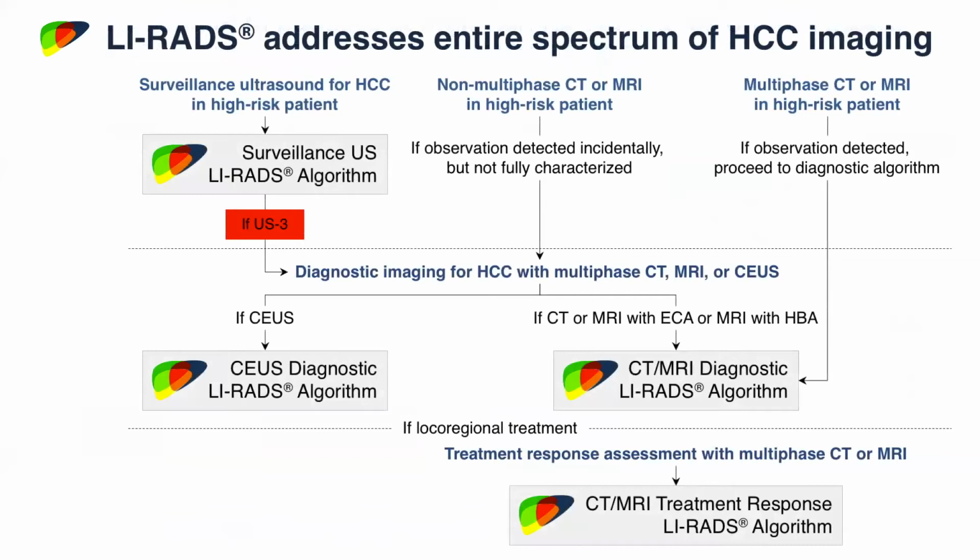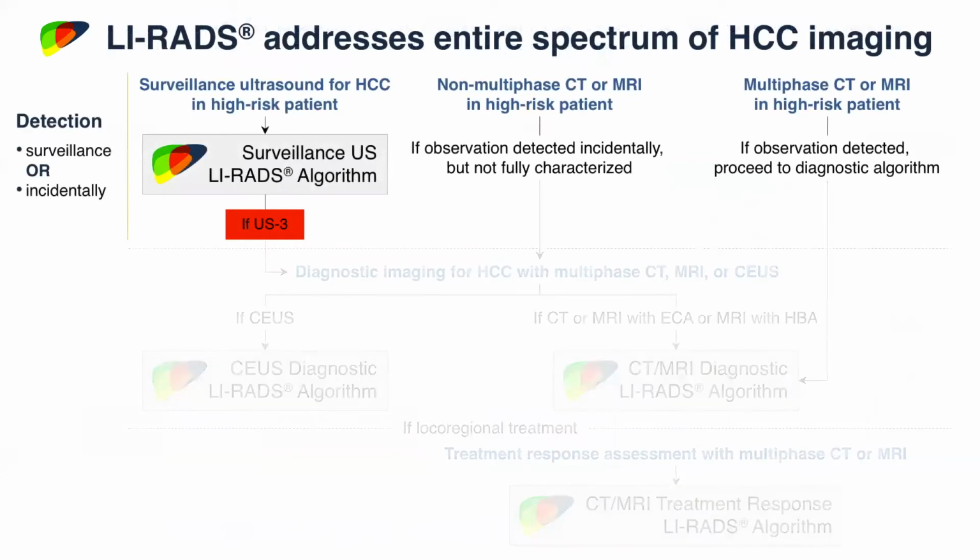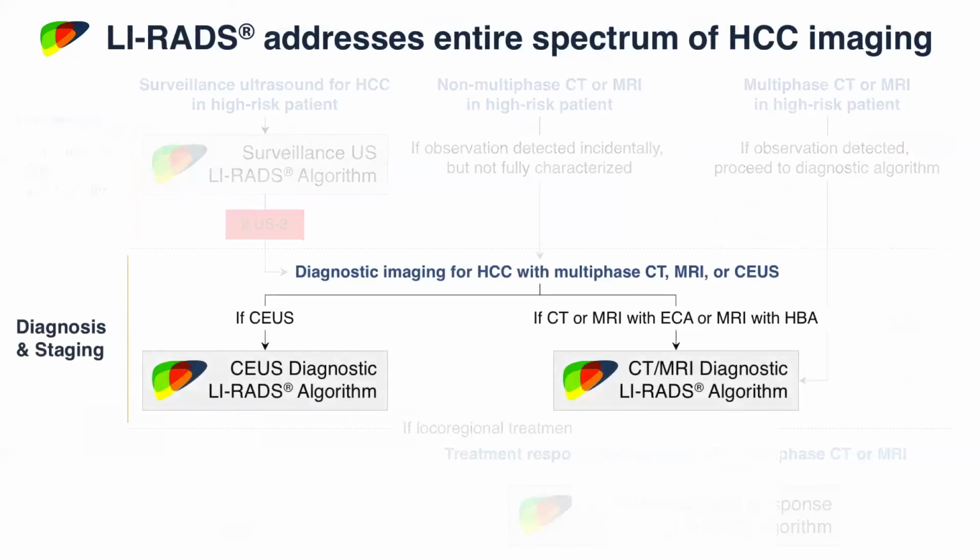Now, in addition to addressing the entire spectrum of lesions, which I showed you a few slides ago, LI-RADS addresses the entire context of HCC imaging. So LI-RADS applies to detection using ultrasound surveillance. LI-RADS applies to HCC diagnosis using contrast-enhanced ultrasound, CT, and MRI.